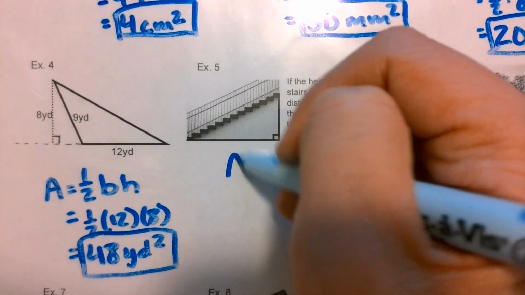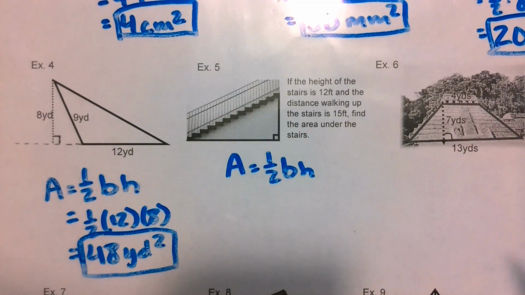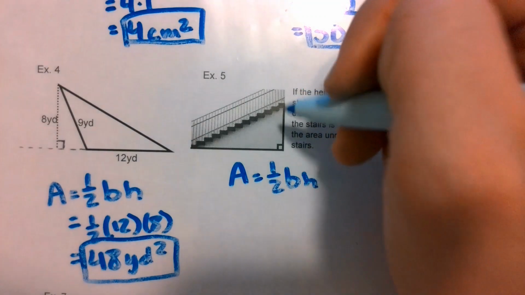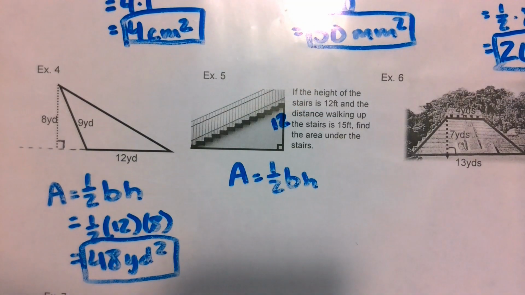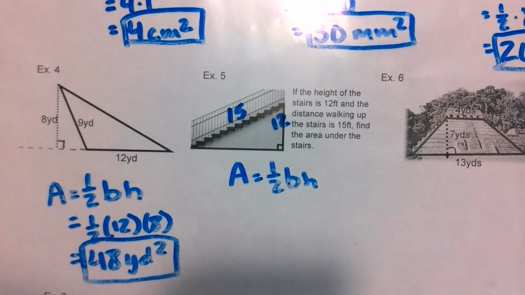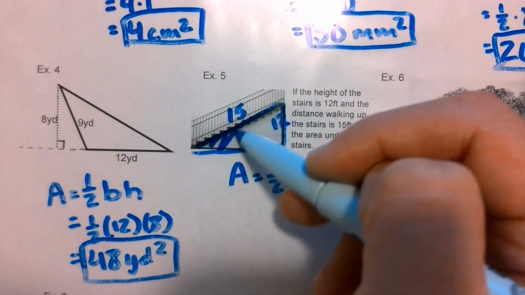For example 5, another triangle, but we do have a word problem, so let's see if we can interpret what's happening here. We've got the height of the stairs is 12 feet, and the distance walking up the stairs is 15. Find the area under the stairs. So we're trying to figure out this area, this triangle right here.